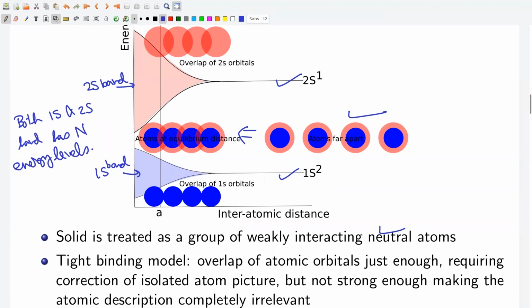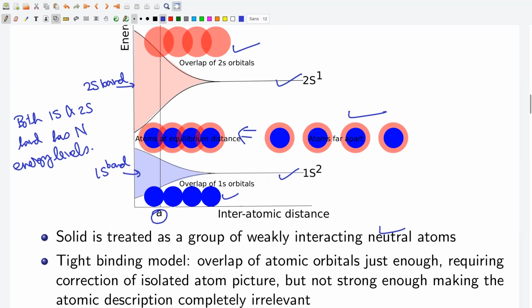Width of the energy band depends on the overlap of atomic orbitals. For example, 2s orbitals overlap more than 1s orbitals. As a result, 2s band in lithium has larger bandwidth than 1s. Note that bandwidth is calculated at the equilibrium separation.